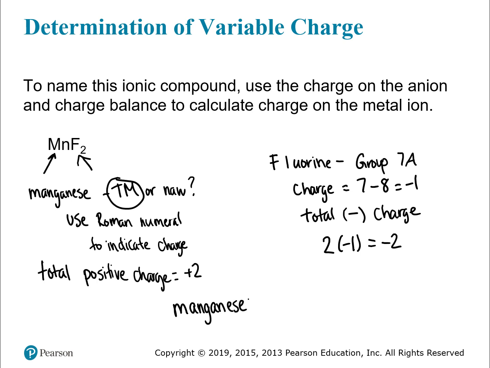You write the metal, followed immediately by the Roman numeral in parentheses. This tells us that what we have is manganese 2+. You take the first syllable of fluorine, that's the fluor, and add IDE. So this compound is manganese 2 fluoride.